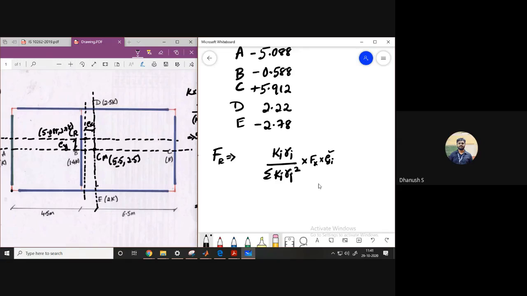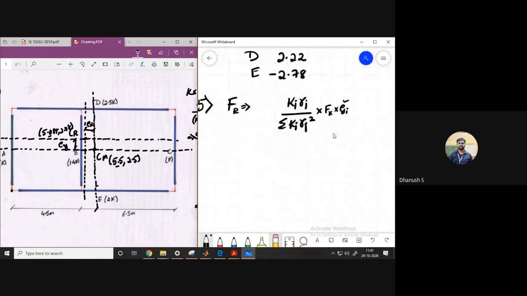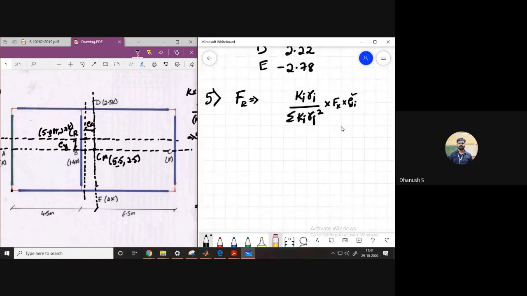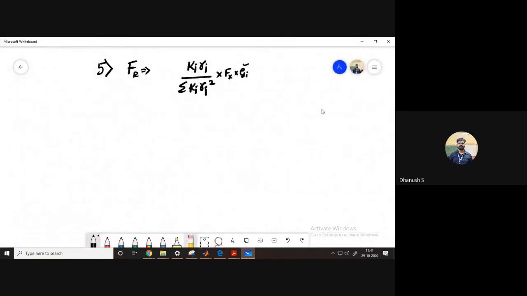So what you can do is make a table. Will it be easier in a table format? Yes, sir, because your Ki, Ri values and everything will be common.